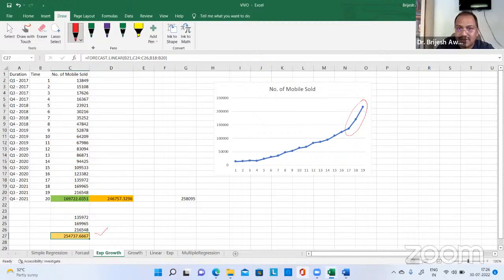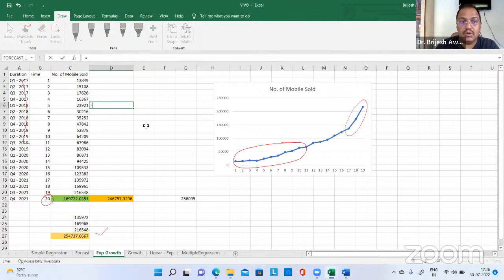If I take this data, I'm talking about this data from 1 to 11, and I'm forecasting for 20, I will get the wrong result. You can see there is a huge difference.